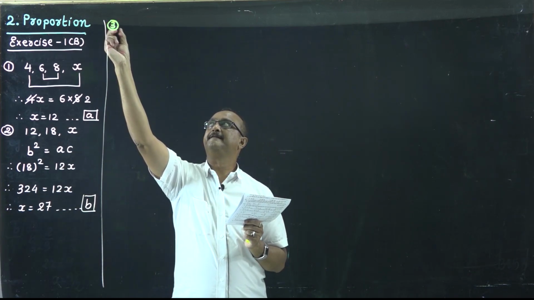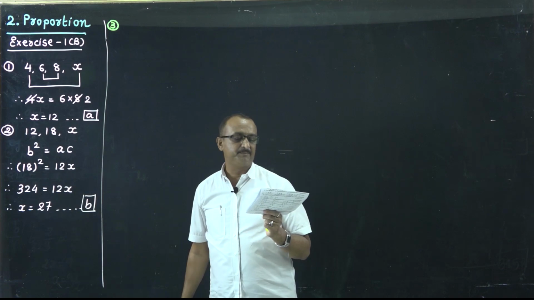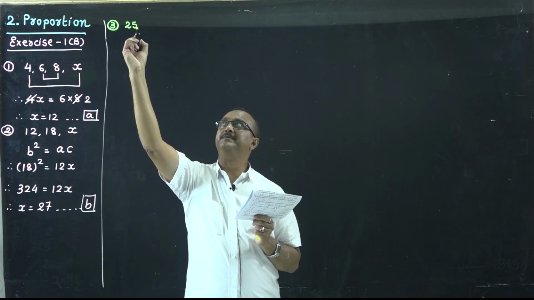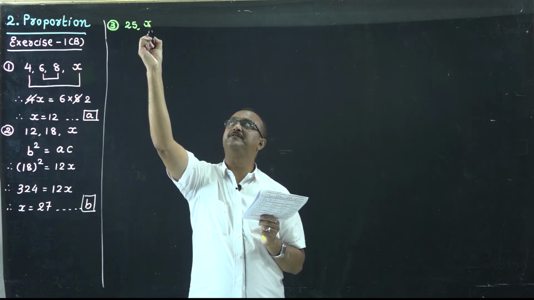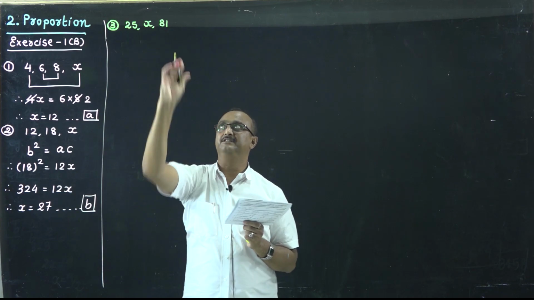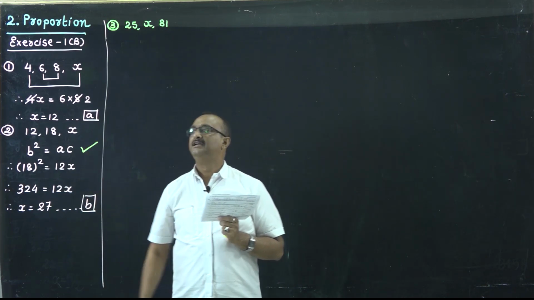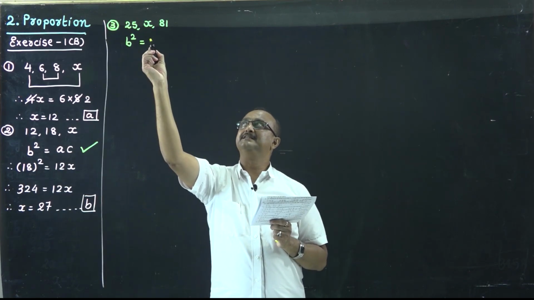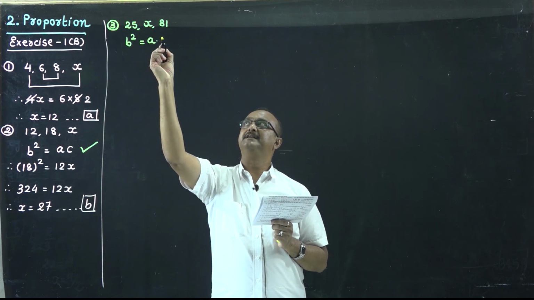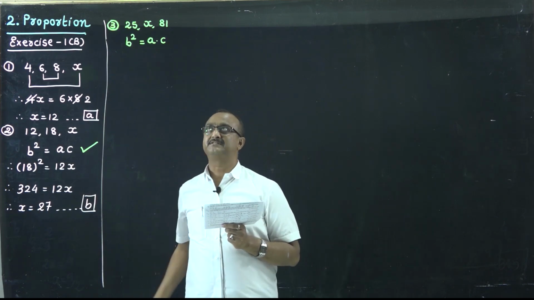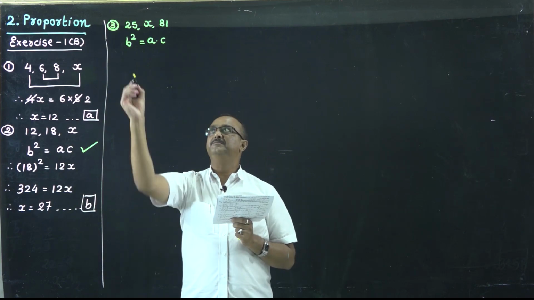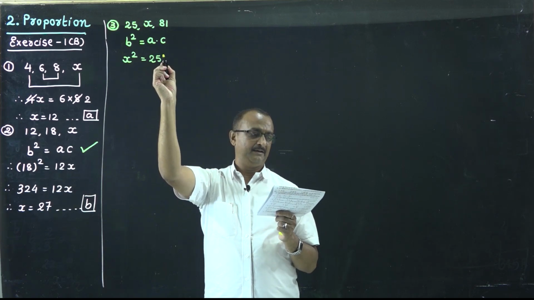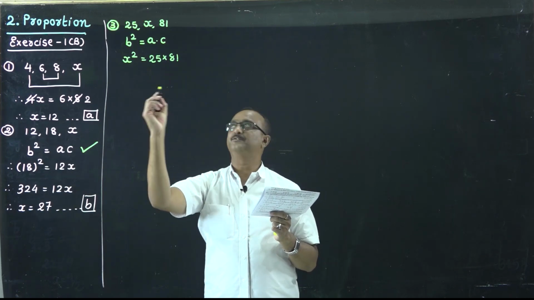Question number 3. The mean proportional between 25 and 81. So again, what is our formula? B square is equal to AC, meaning middle term square is equal to first term into last term. So x square is equal to 25 into 81.